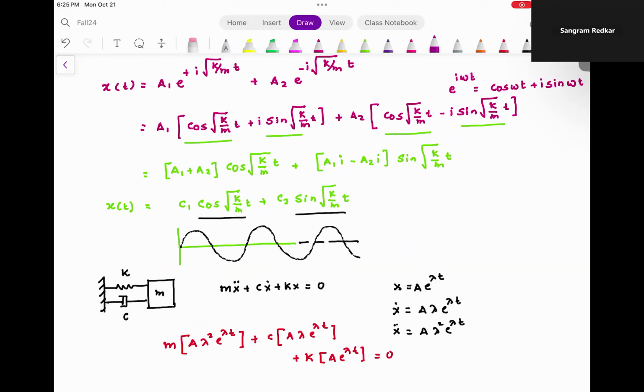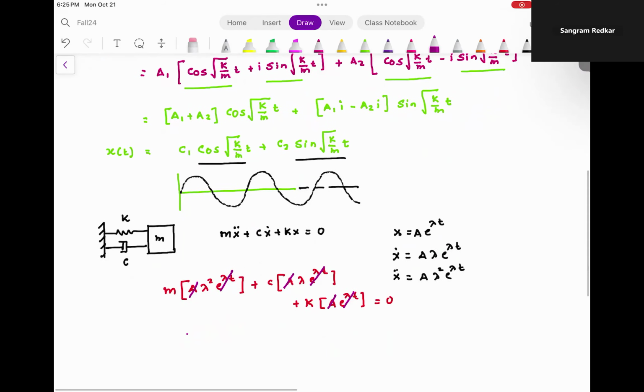Once again, A will get cancelled. E to the lambda t would get cancelled. And finally, now you have an expression m lambda square plus c lambda plus k is equal to 0. Do you agree with me?